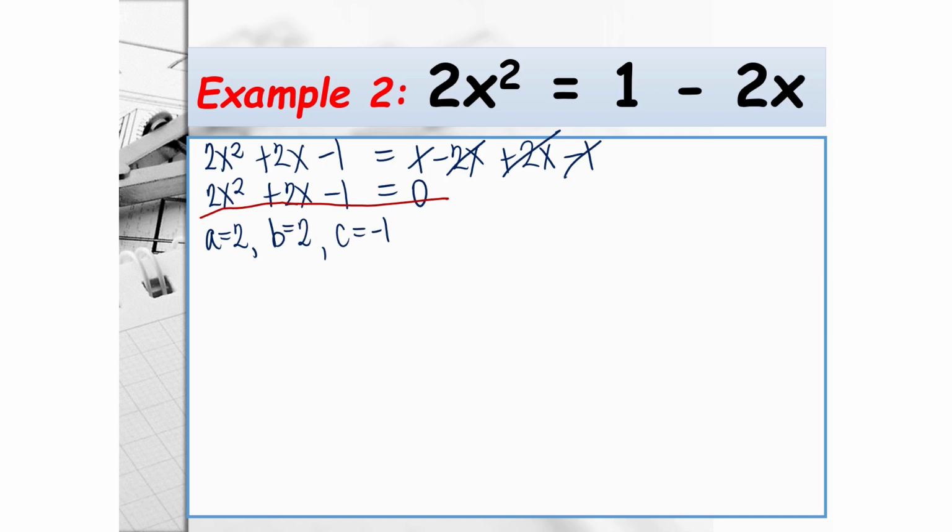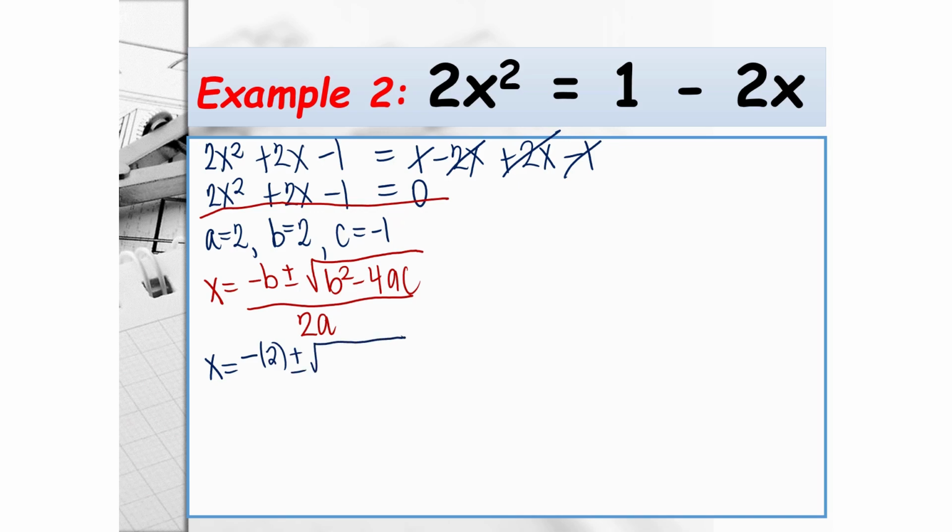Substitute in the quadratic formula, that is x equals negative b plus minus square root of b squared minus 4ac all over 2a. Then, x equals negative times b, so that is 2, plus minus square root of b squared, so 2 squared minus 4 times a, which is 2, times c, which is negative 1, all over 2 times a, which is 2.